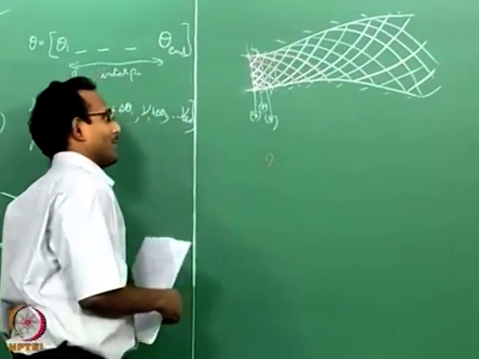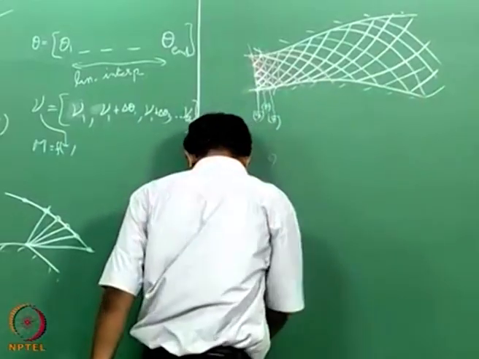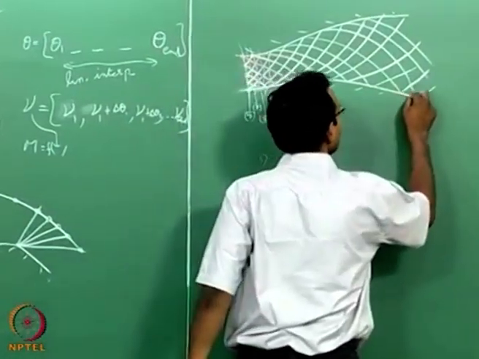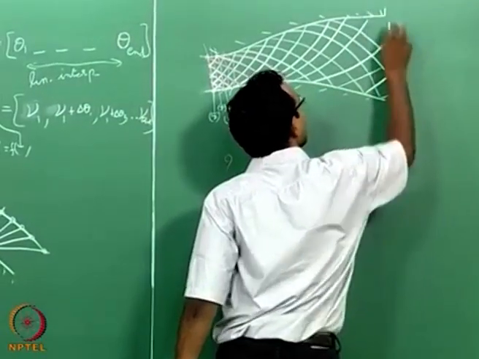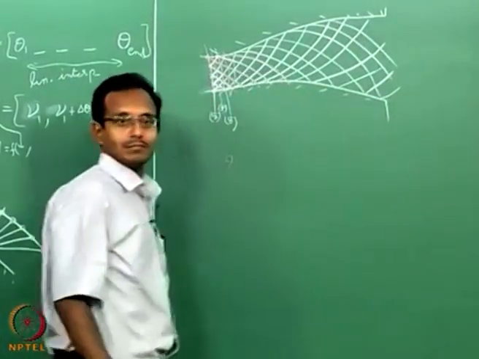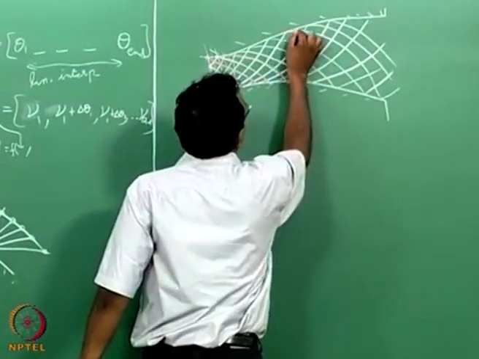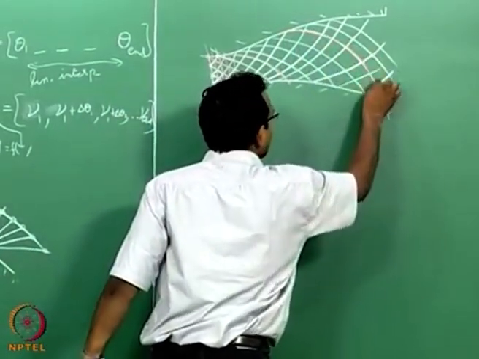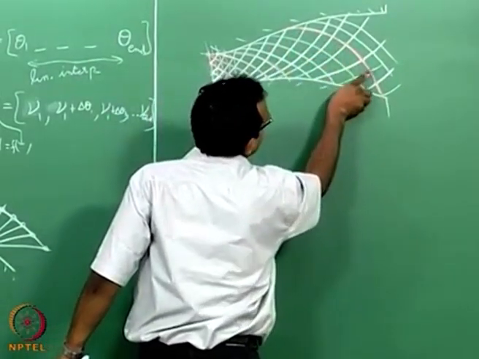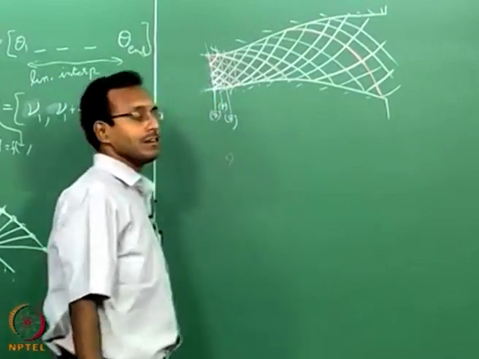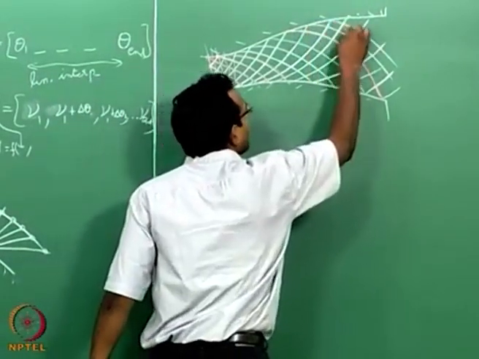There is only one small problem. When we come to the end, say my nozzle ends here, I will end up with a situation where I would have solved this line. If you notice, there will still be 9 points, 1, 2, 3, 4, 5, 6, 7, 8, 9 points. The next characteristic will be this one.